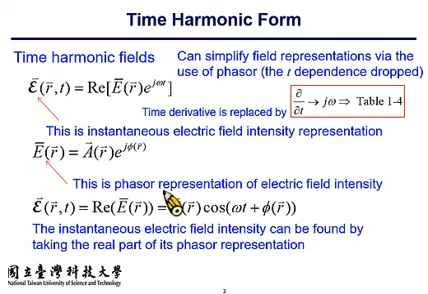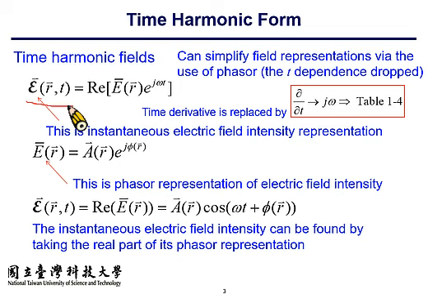representation of electromagnetic fields. So the first one is the electrical field. As you can see in the small parentheses, you have dependence on position r, which is a three-dimensional vector, and the dependence on time, t.